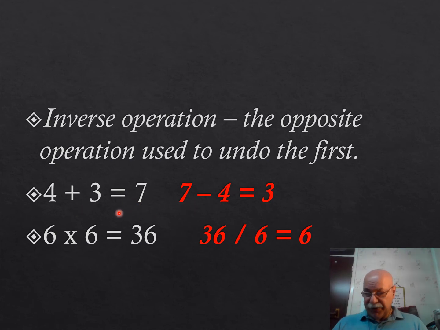We take 3 outside, keep it, and put 7 outside. We change the plus to minus, and that's why it becomes 3.